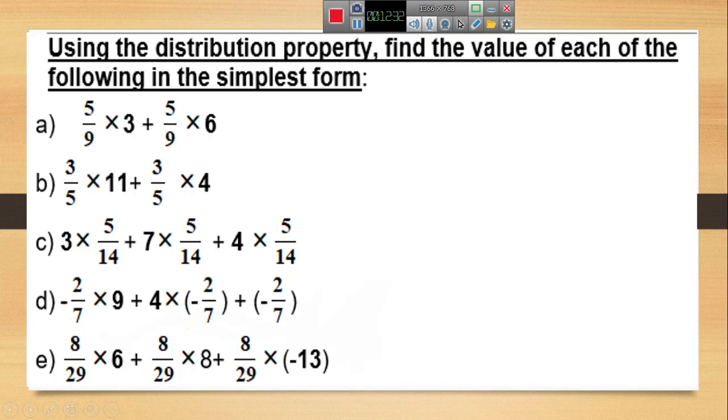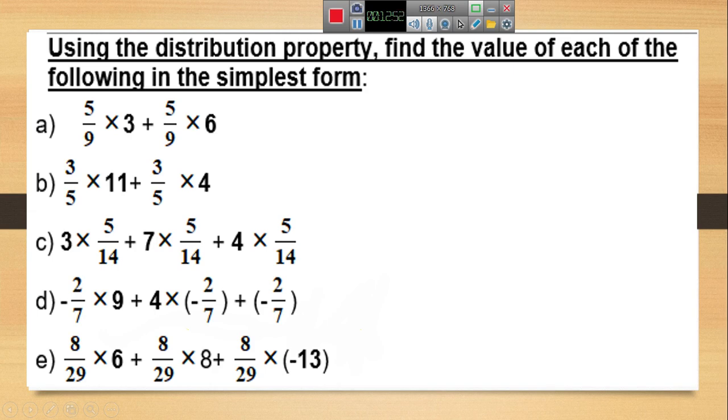Let's use the distributive property to solve some questions. Here: 5 over 9 times 3 plus 5 over 9 times 6. First we make a circle around the repeating fraction, 5 over 9 and 5 over 9.